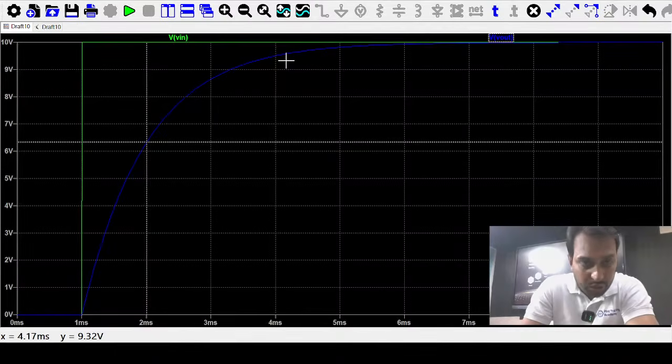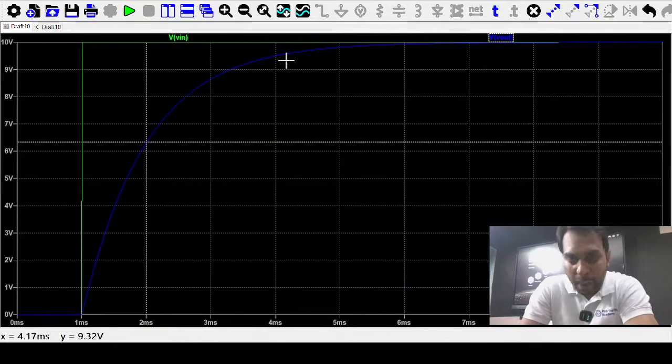The time constant is decided by the circuit, and the pulse width is decided by the input voltage. In this, the input voltage is a unit step input, that is u(t minus 1 millisecond). After 1 millisecond it is a unit step input of 10 u(t minus 1 millisecond). This is 10, that is 10 volt, and it is maintained at 10 volt.